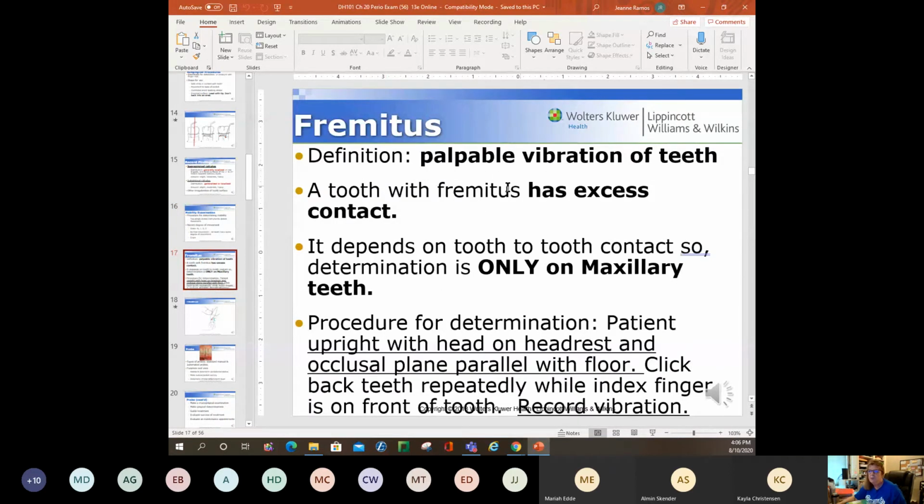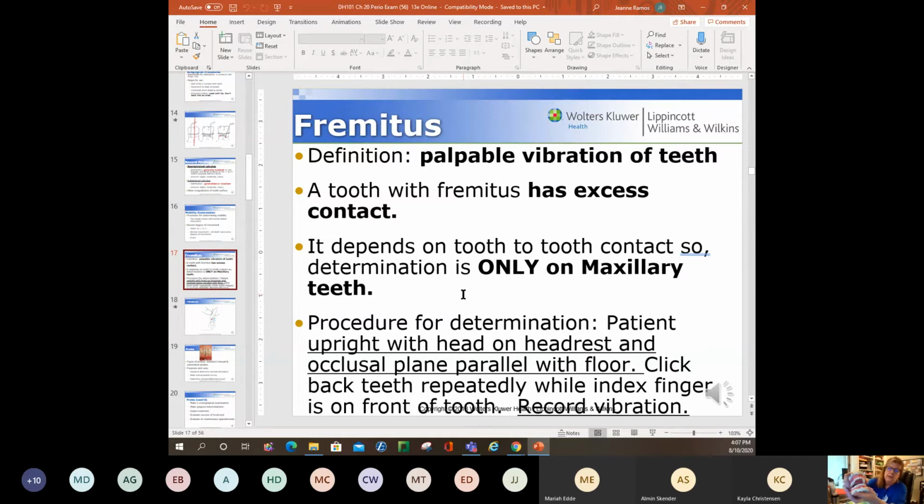So fremitus is palpable vibration of the teeth. A tooth with fremitus has excess contact, so we need to tell the patient this. I don't notice a lot of people really checking for this unless it's maybe a dentist, but you need to know what it is. It's only for the maxillary teeth. You put a finger on them, have them bite down as hard as they can on the back teeth, and you put a finger just over the maxillary.